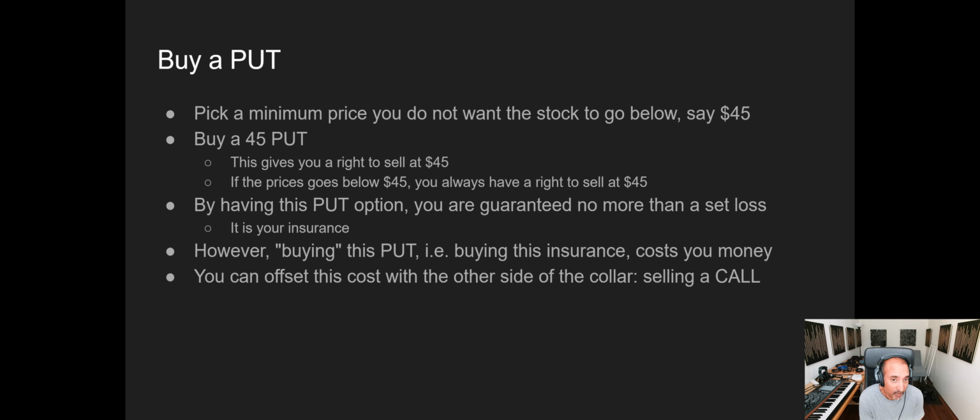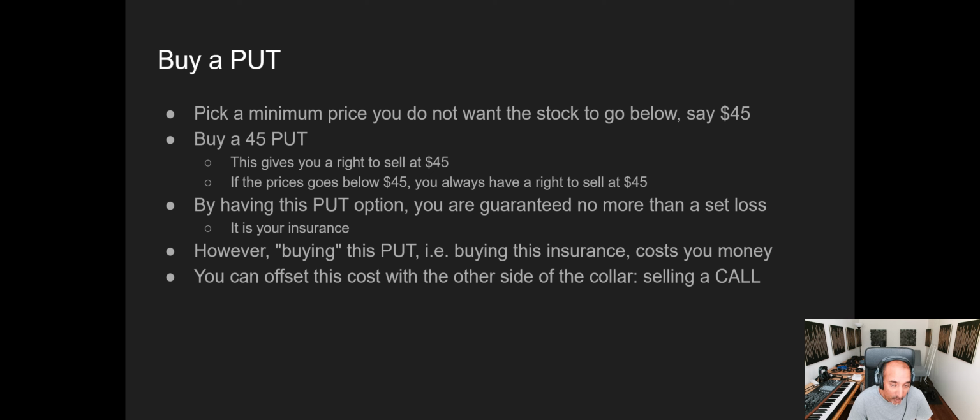What we can do is pick a minimum price that we do not want the stock to go below. Let's say in this case, we pick $45. So essentially this means you need to buy a 45 put, and this gives you the right to sell at $45.